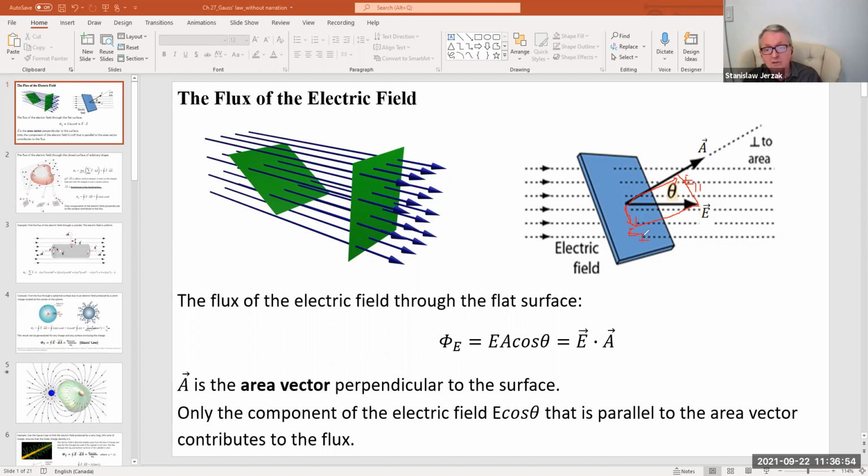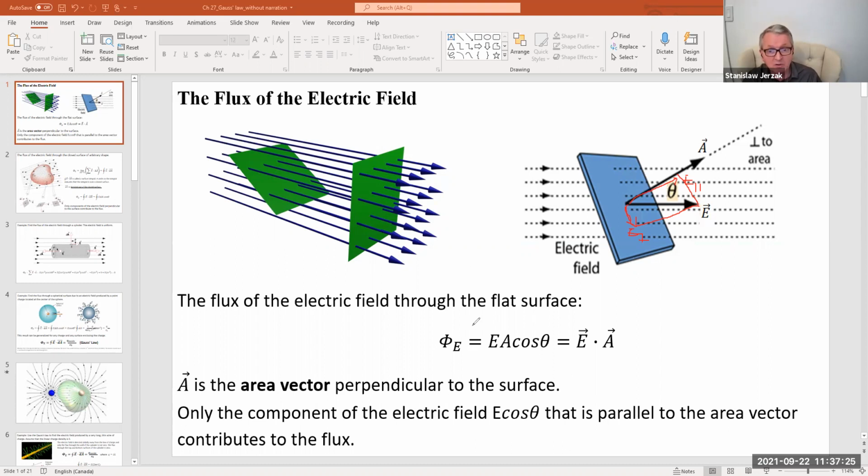So as you see, only the component of the electric field parallel to the area vector will contribute to the flux. And this component, which is parallel to the surface, of course doesn't pass through the surface. So this perpendicular component will not contribute to the flux. So we sometimes say that only the component of the electric field perpendicular to the surface contributes to the flux of the electric field.